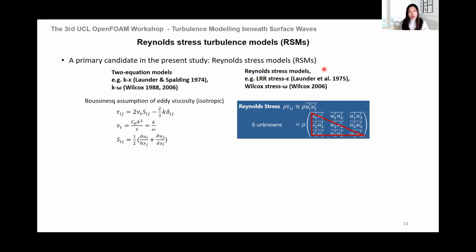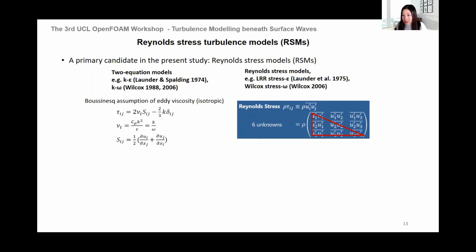The Reynolds stress models are, for example, the LRR stress epsilon model, which was proposed earlier in the 1970s, and the newer one is the Wilcox stress omega model. It contains 6 Reynolds stress equations and 1 omega equation.